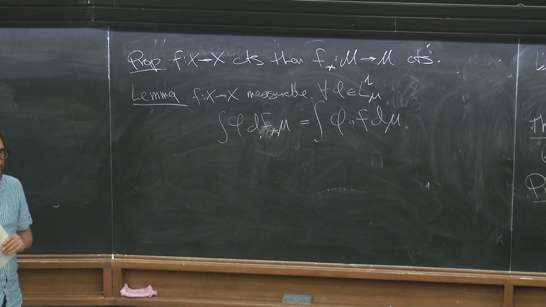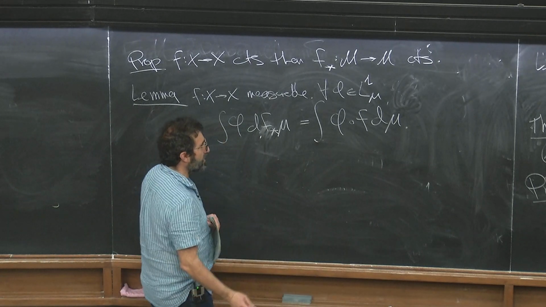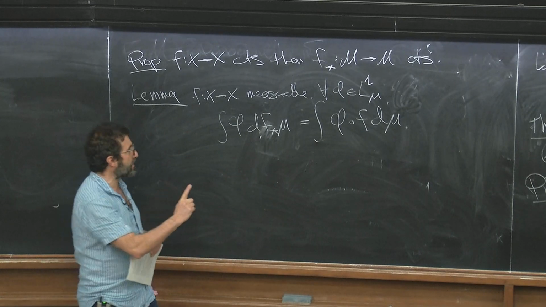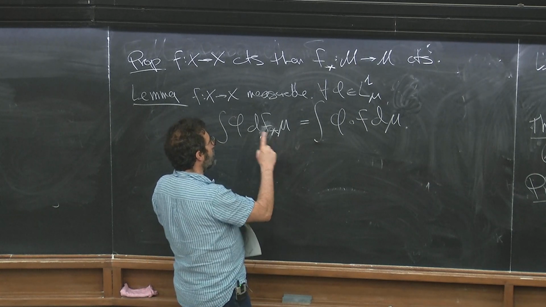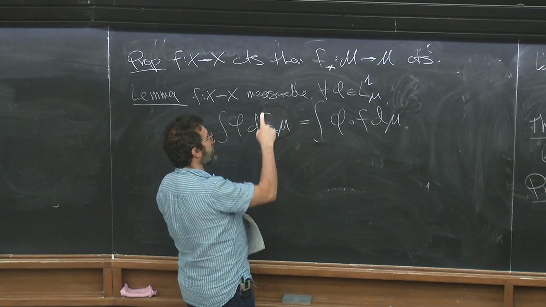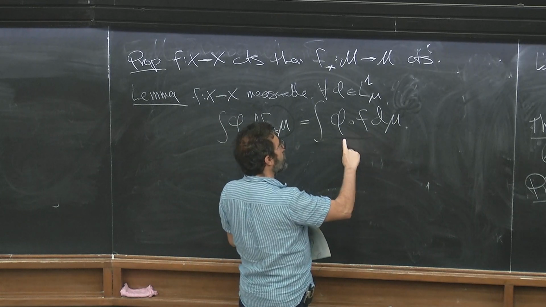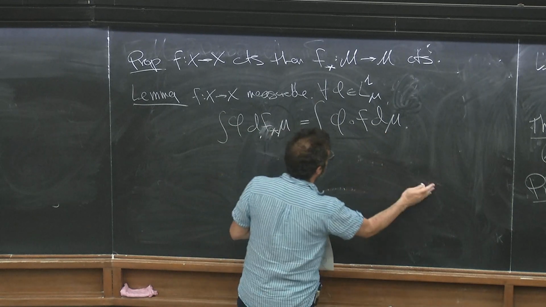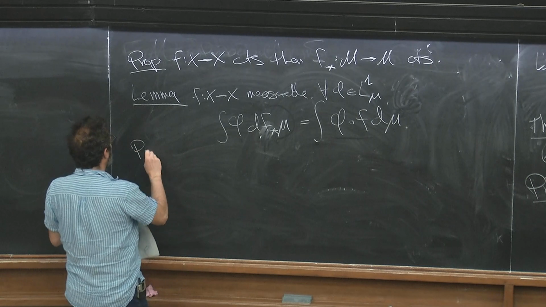So this is just a general relation to do with Lebesgue integration, a kind of duality: integrating a test function with respect to the measure f star of mu is the same thing as integrating this test function composed with f with respect to the original measure mu, right?